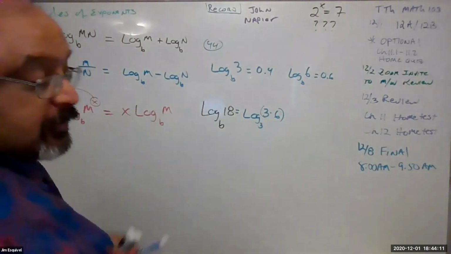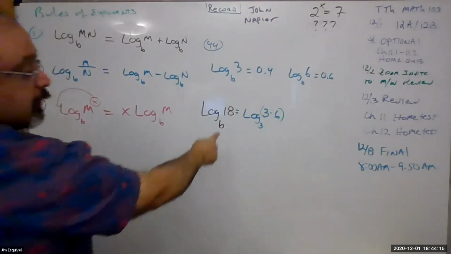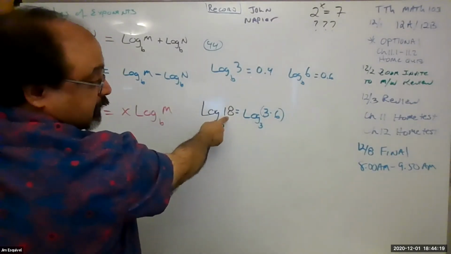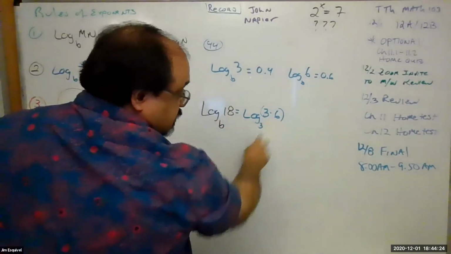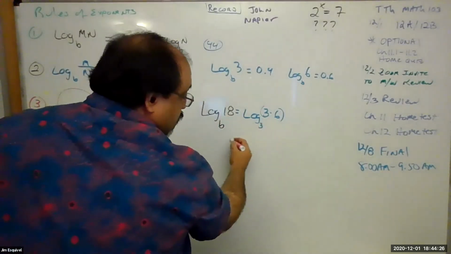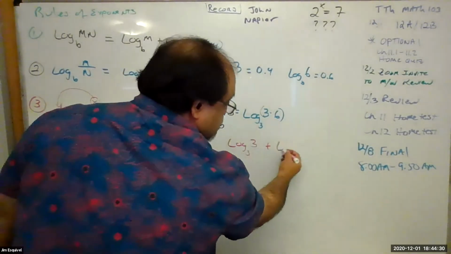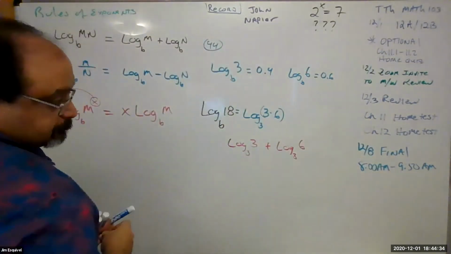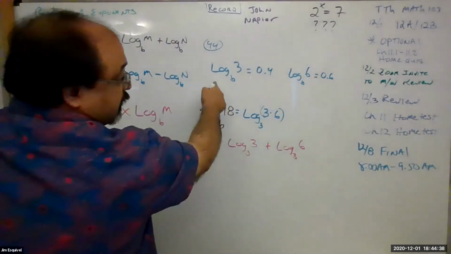See, in the old days, not when I was alive, there wouldn't be an 18 in the back of some book. You would have to make the 18 out of pieces. Now you can look up log base b of 3 plus log base b of 6, because that's what you've been given.